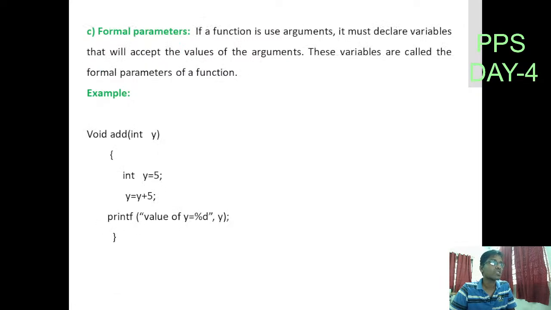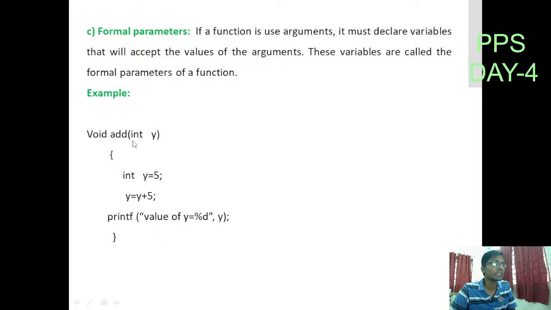And coming to the next one, formal parameters. What are formal parameters? That means if I pass arguments inside of the function, for example, I'm taking a function named add followed by int y. This variable is called a formal parameter.